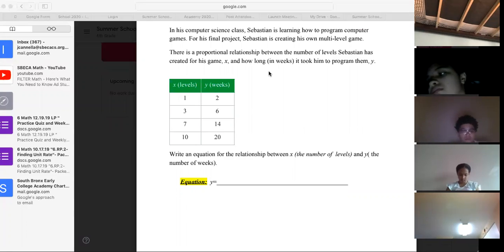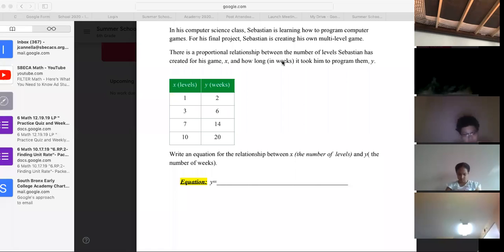There is a proportional relationship between the number of levels Sebastian has created for his game, X, and how long in weeks it took him to program them. Write an equation for the relationship between X, the number of levels, and Y, the number of weeks.